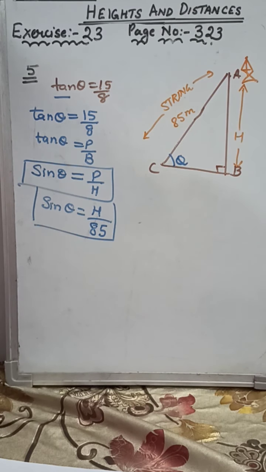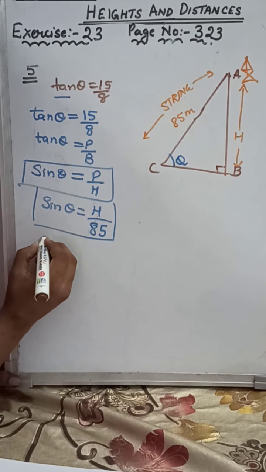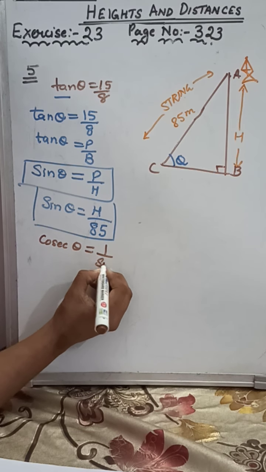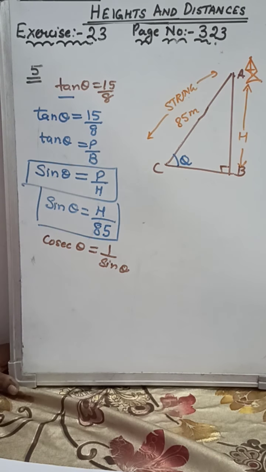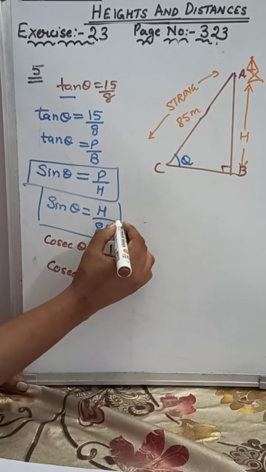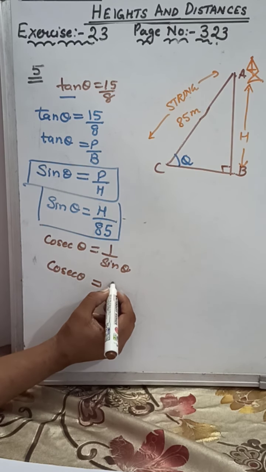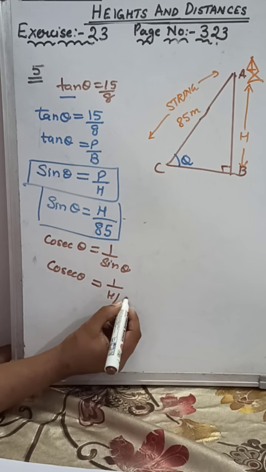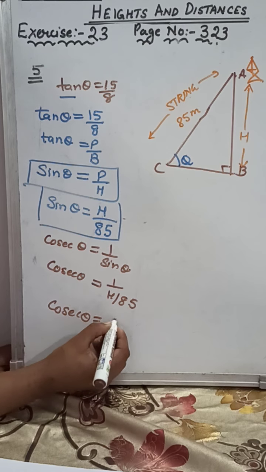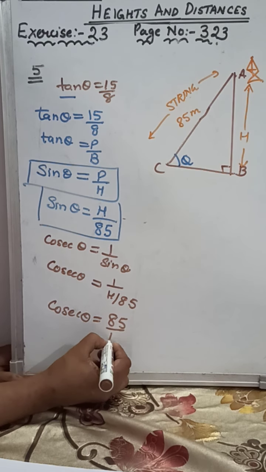Now what is the reciprocal of sine theta? The reciprocal of sine theta is cosec theta. So cosec theta is equal to 1 upon sine theta. So cosec theta will be equal to, when you substitute the value, 1 upon h over 85. So cosec theta will be equal to 85 by h.